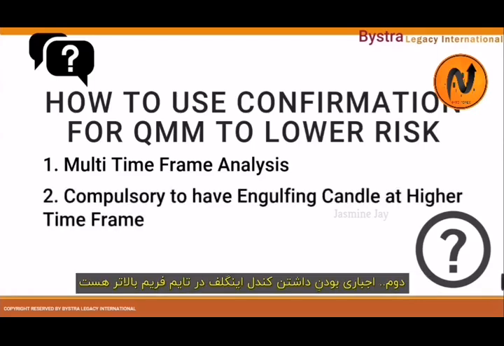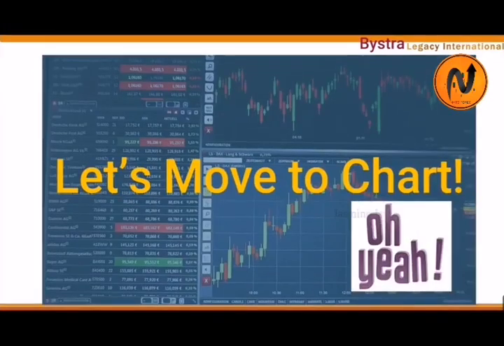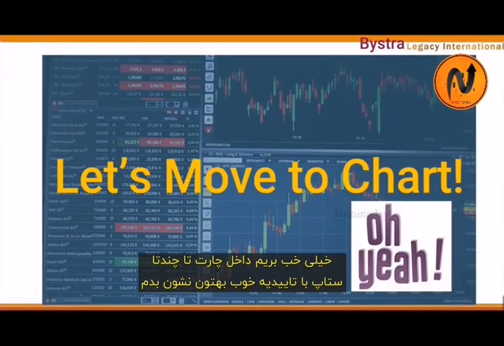Secondly, it is compulsory to have an engulfing candle at the higher time frame. And third, the setup has to be at the body of the engulfing candle and never at the wick or the shadow of the engulfing candle. These are considered very high risk. Alright, so let's move to the chart and I will show you some setups with a good confirmation.